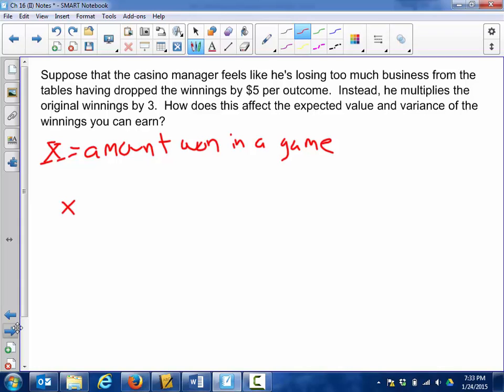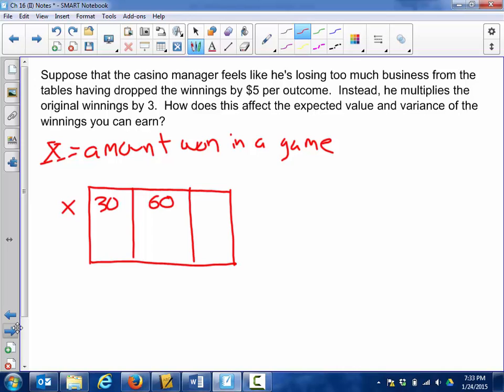So the x sub i's, the individual data values here, are 30, 60, and 90, because we said we tripled the original 10, 20, and 30 that we had for the payouts. So the probability that the capital X is equal to one of those data values, that hasn't changed. That's 30%, 50%, and 20%.